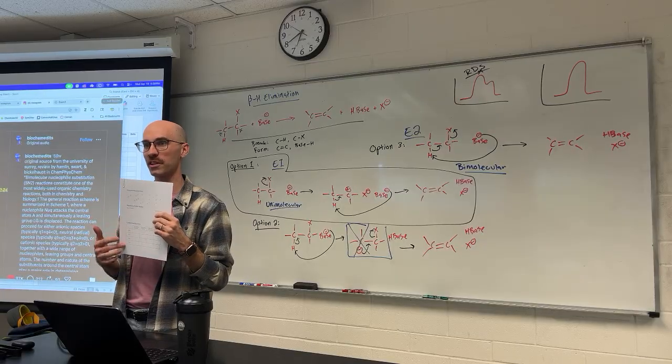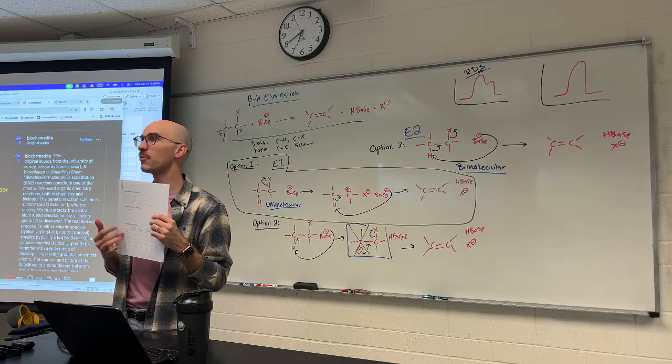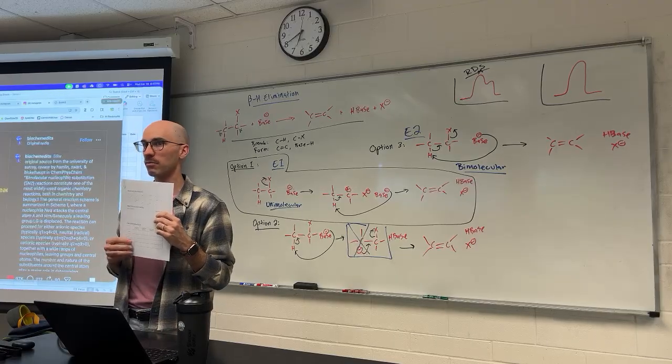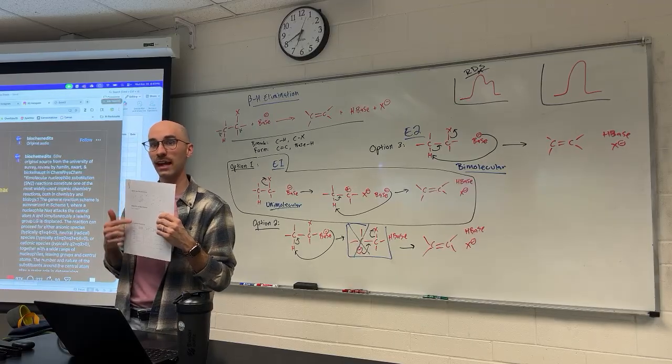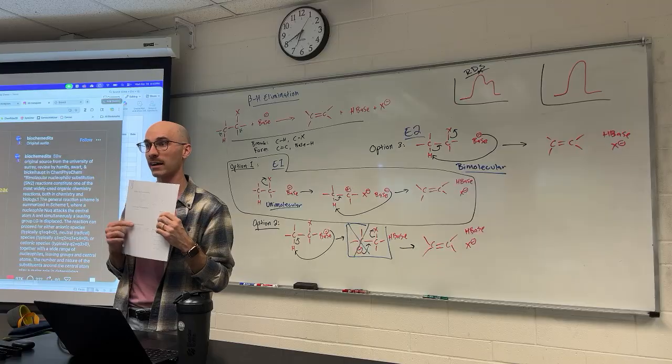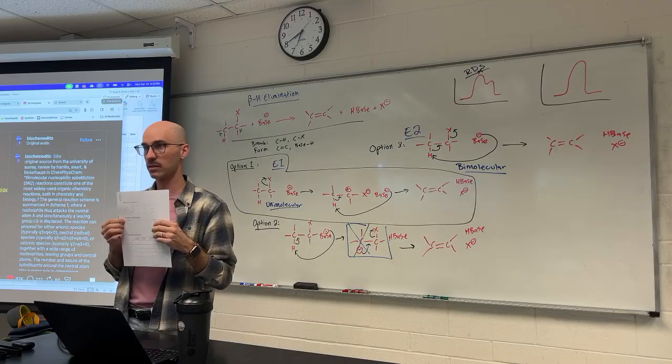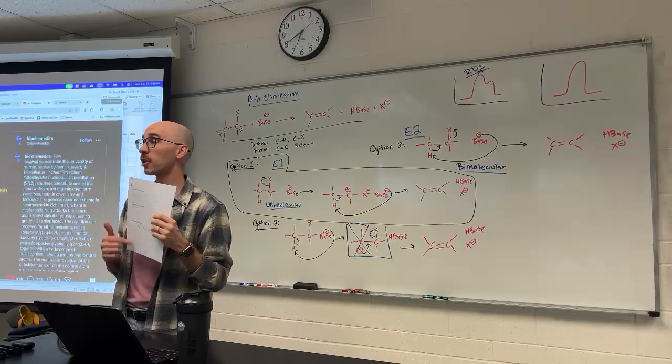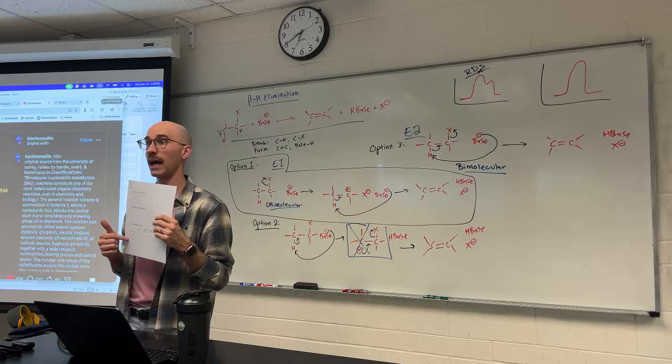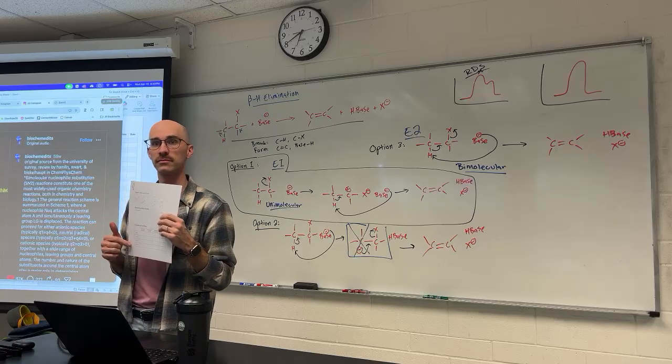What type of carbon substitution would do well at Sn1 and E1 reactions? The bottom 2, because they're more substituted, so they have more stable carbocations. And what type of carbon substitutions would do well at Sn2 or E2?